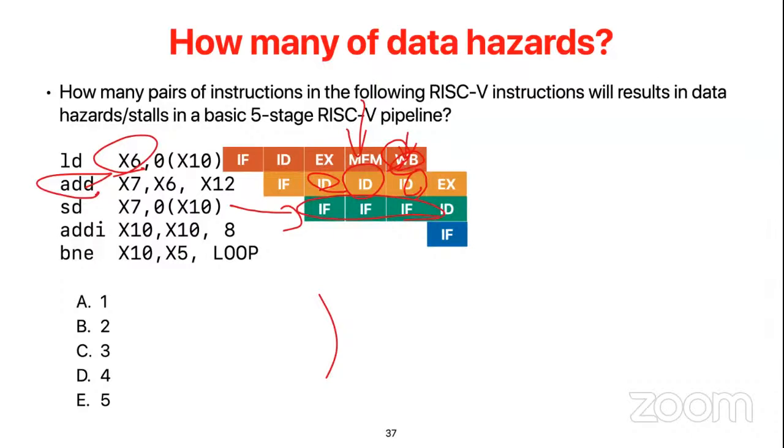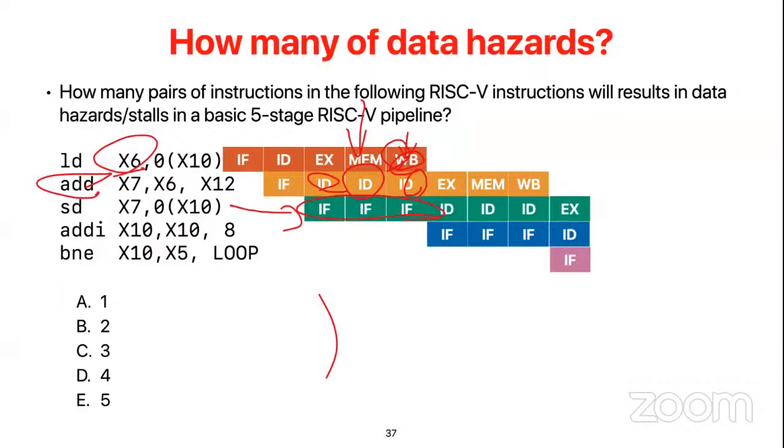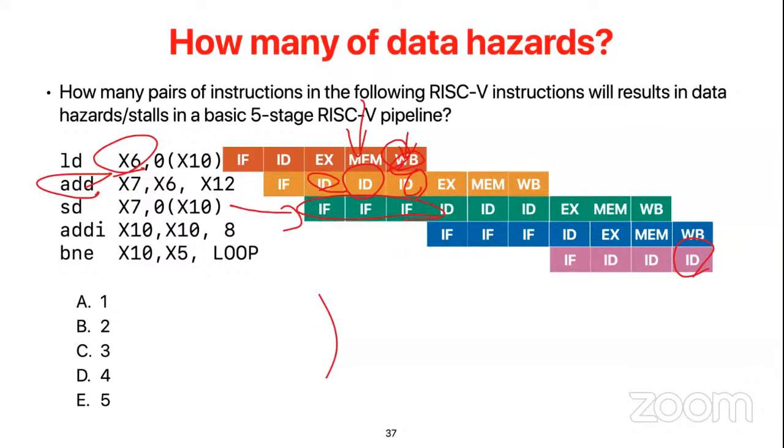The same thing happens with the add and store, and the add immediate and branch instruction, because for the add immediate, the branch instruction needs this value for its decode stage, but it's not ready until the add immediate finishes write back.